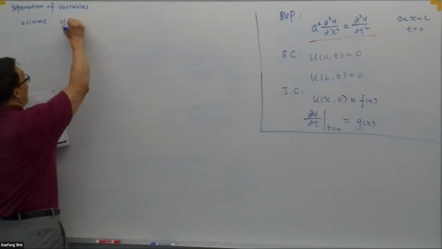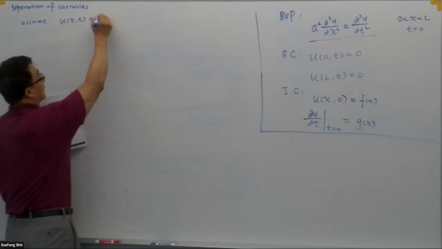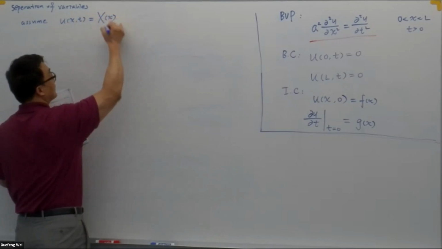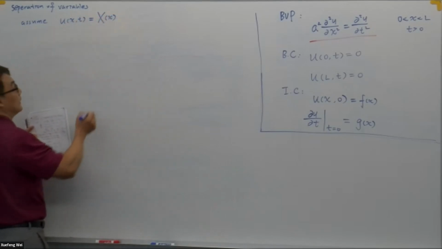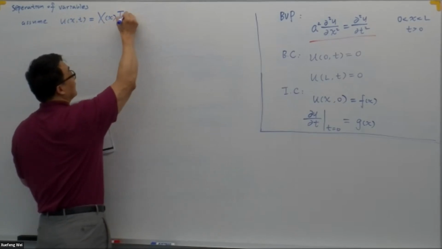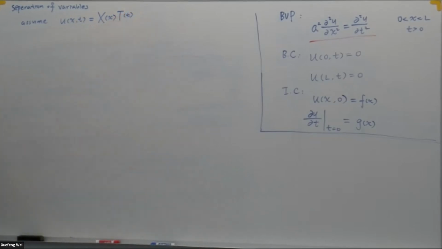U as a function of x and t can be considered as a function of x and a function of t. So capital X is a function of x, capital T is a function of t.